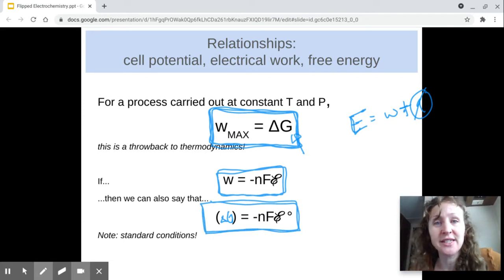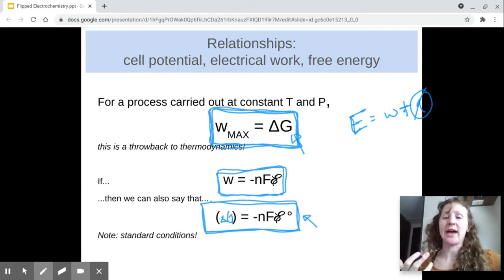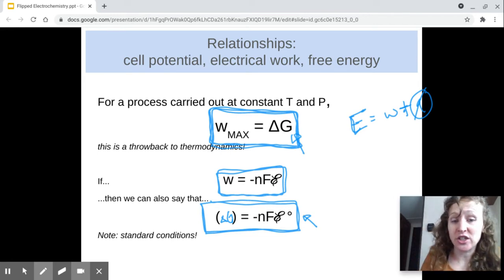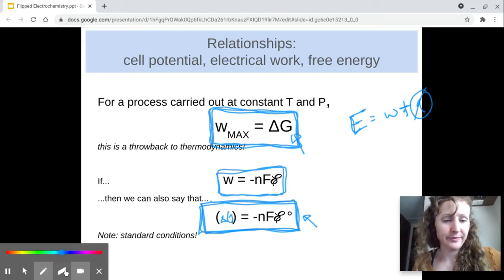The free energy is equal to negative moles of electrons transferred times Faraday's constant times the cell voltage. Now notice it is the cell voltage standard, so it has to be under standard conditions. As long as we're under standard conditions, you can actually calculate the free energy. And we see another way to be able to verify that our reaction is spontaneous or non-spontaneous.